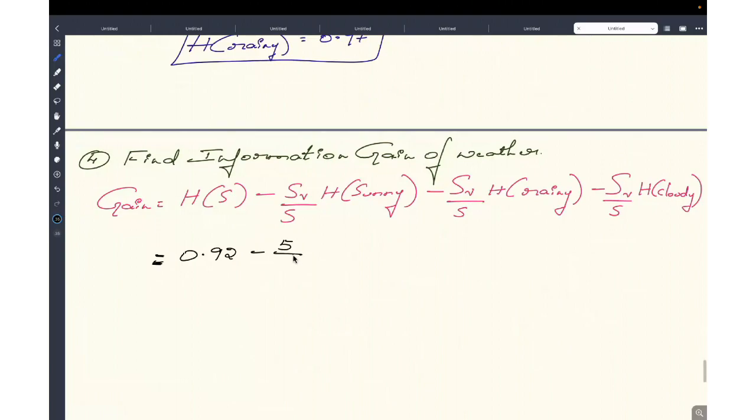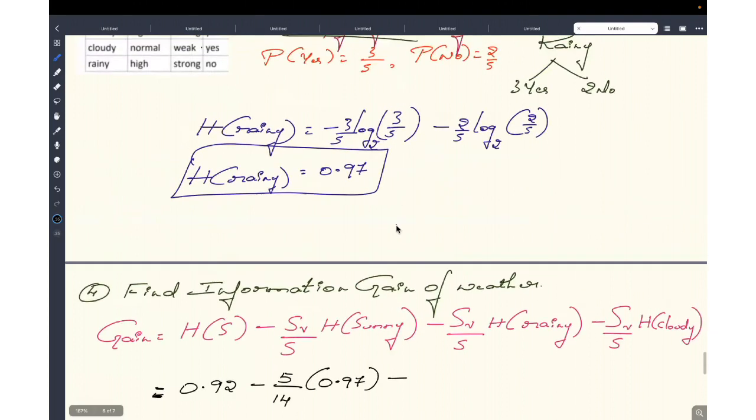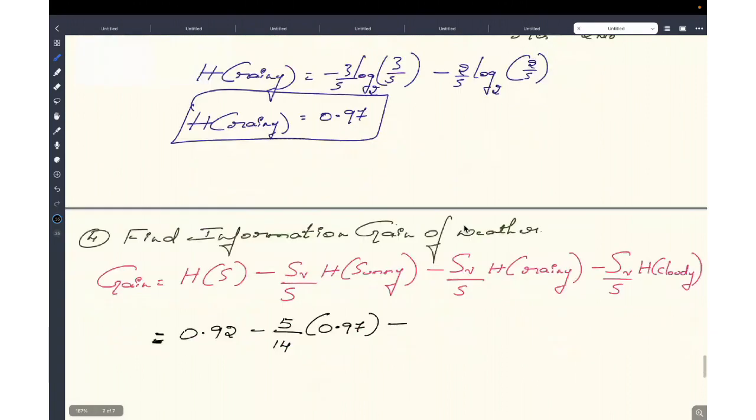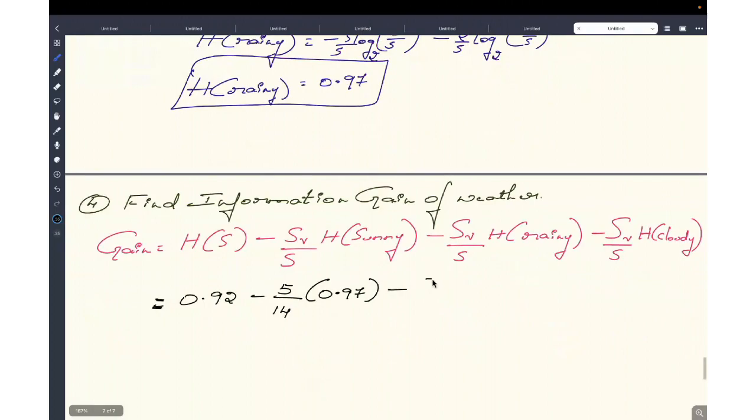Total overall samples is 14. And entropy of Sunny is 0.97, minus. Samples related to Rainy: 3 yes, 2 no, so that means 5 out of overall 14 observations, into entropy of Rainy, also 0.97.